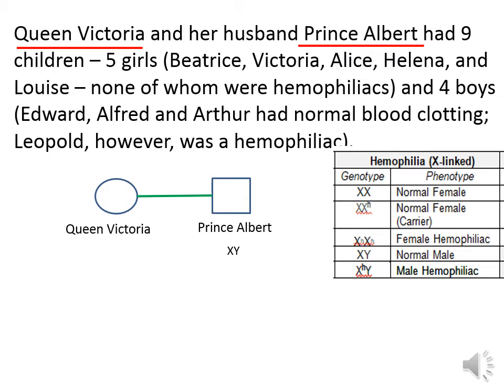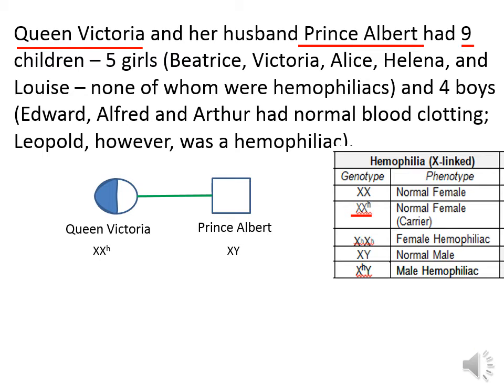So, ang kanyang genotype will be XXH. So, isulat dyan, XXH. So, since carrier siya, pero wala siya namang hemophilia, you are going to shade it half, meaning hindi siya totally. Ibig sabihin yan, carrier lang.